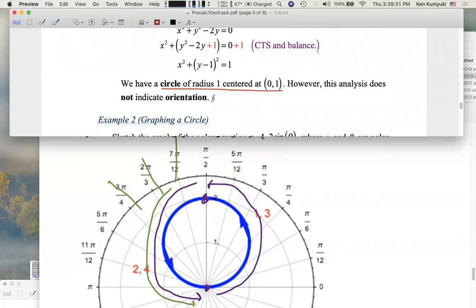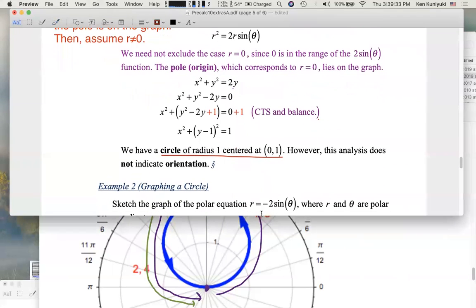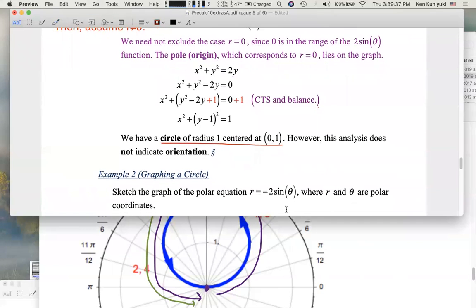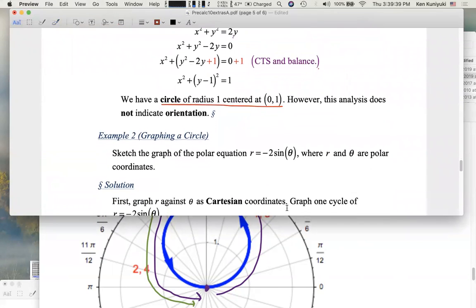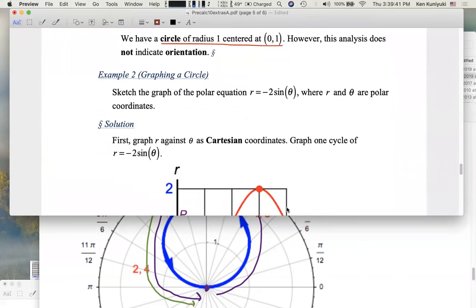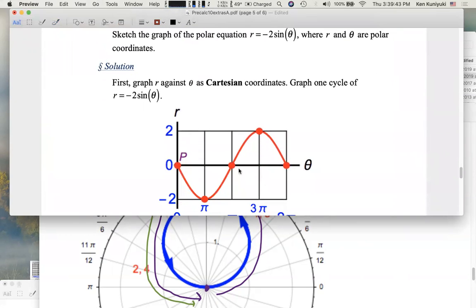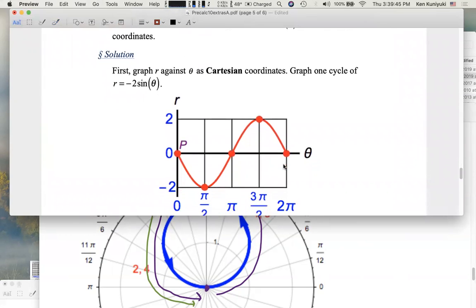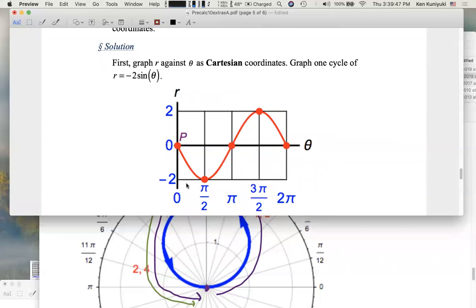Now, in example 2, let's look at how to graph r equals negative 2 sine of theta as polar coordinates. Well, it's a similar process. Now, if you first graph r against theta as Cartesian coordinates, you get the sine graph here, right? And then, as theta goes through quadrants 1 and 2, what happens with the actual curve?